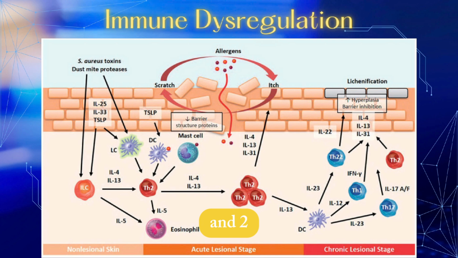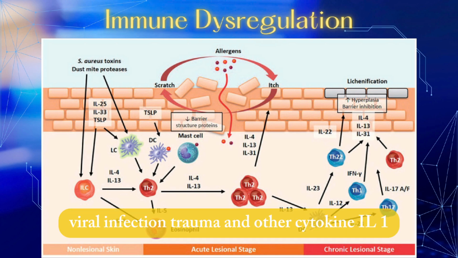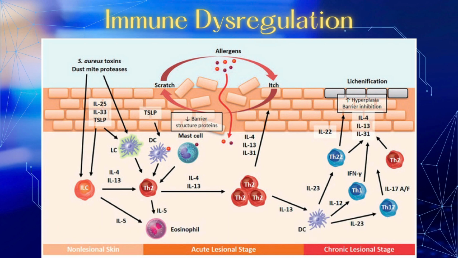antimicrobial peptides. Thymic stromal lymphopoietin, TSLP, an interleukin-7-like cytokine, is known as the master switch of allergic inflammation due to its central role in evoking a Th2 response via dendritic cell activation, exposure to allergens, viral infection, trauma, and other cytokines.